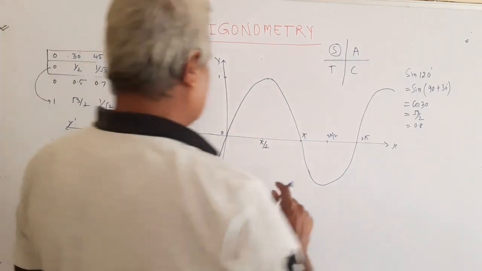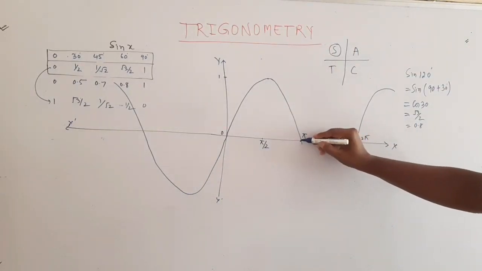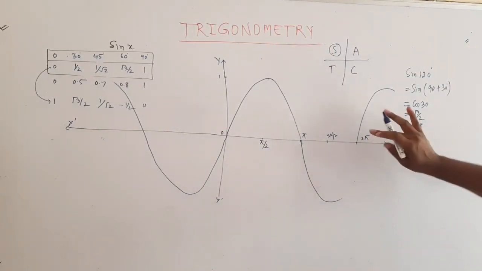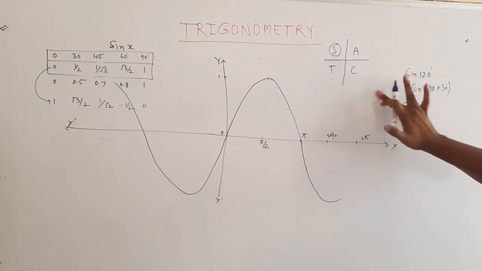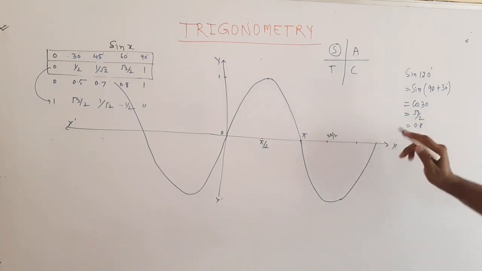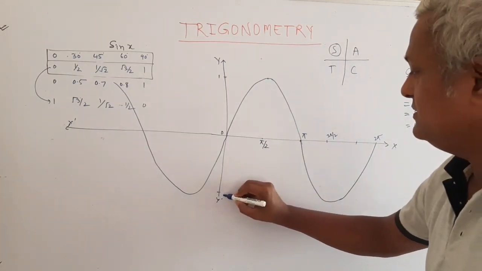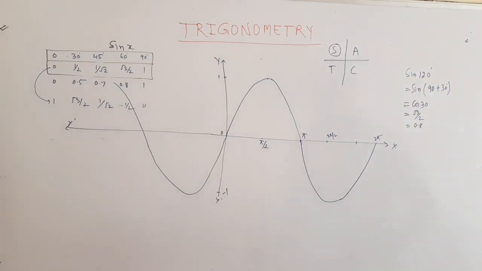Then here you go into the third quadrant. This doesn't look uniform, so let me make it like this. Yes, 2 pi comes here and this value is minus 1.